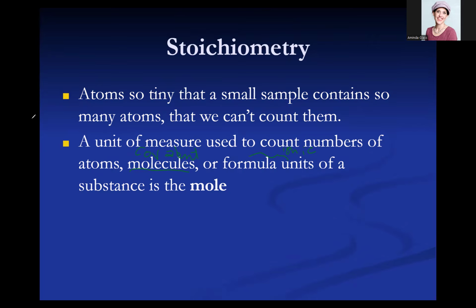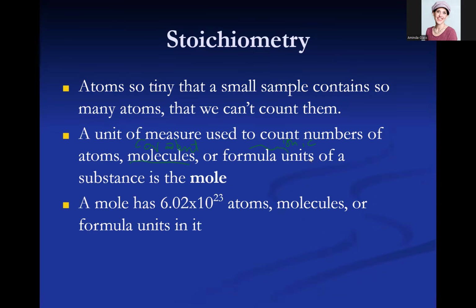So 1 mole is just like 1 dozen. It's a unit to describe a larger quantity. You have a dozen, you have a gross. 1 gross is 12 dozen, which is 144. So you have different units to describe amounts.